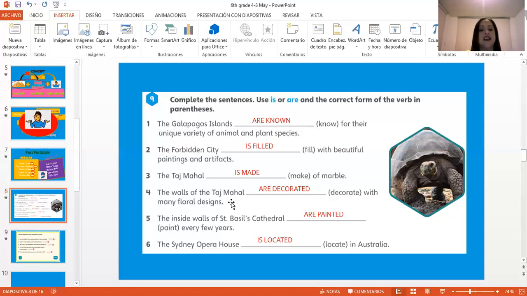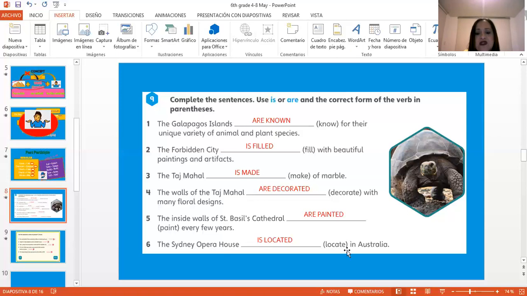Number 6, the Sydney Opera House. How many houses? It's only one opera house. So my auxiliary is. So I use auxiliary is because this is singular, is singular, are is plural.